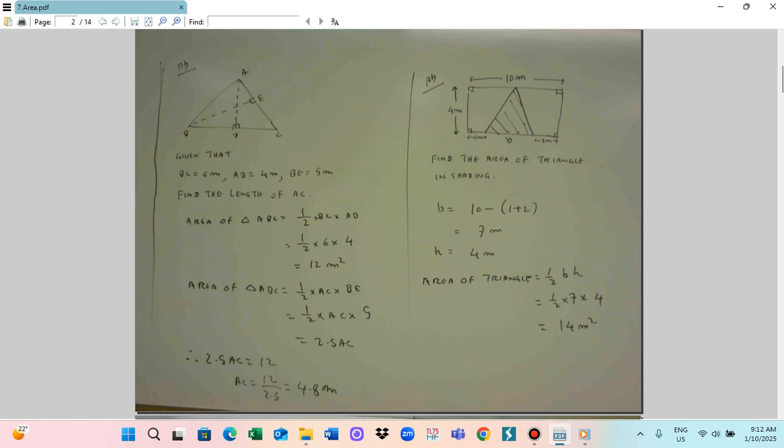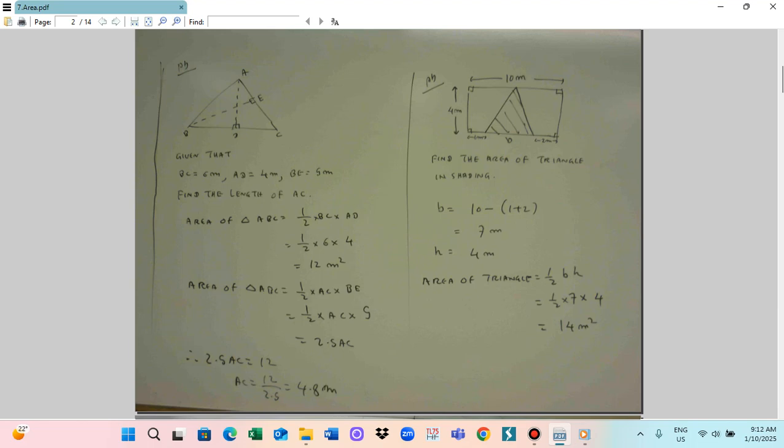This one we also need to calculate the area of the shaded triangle. To determine it, we need to calculate the base and the height. This is a right angle triangle. B plus 1 meter plus 2 meter is equal to 10 meter, so B is equal to 10 minus 1 plus 2, that will be 7 meter.